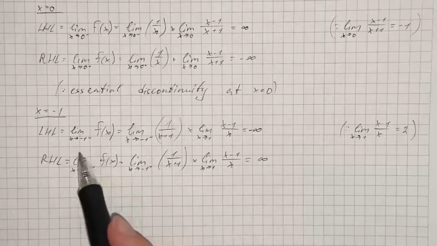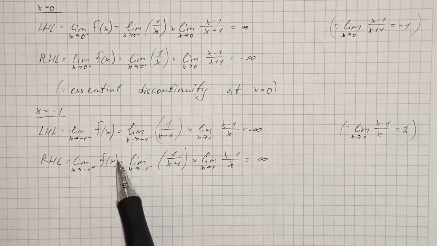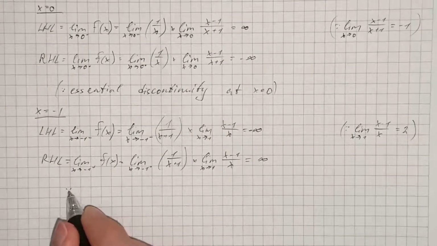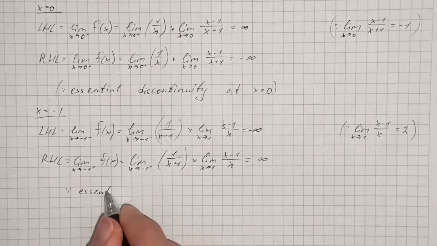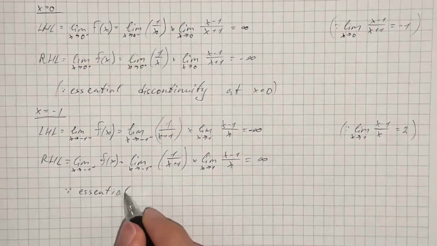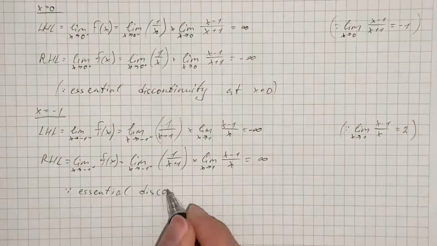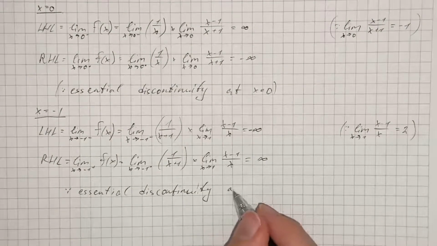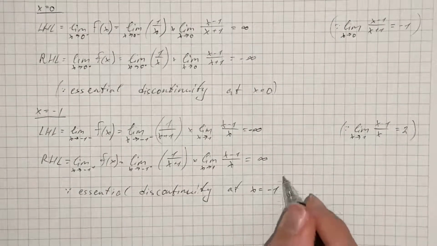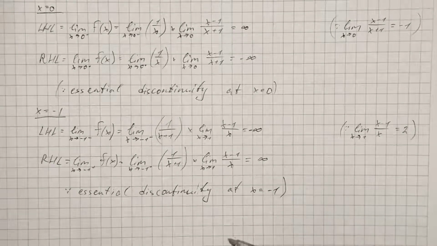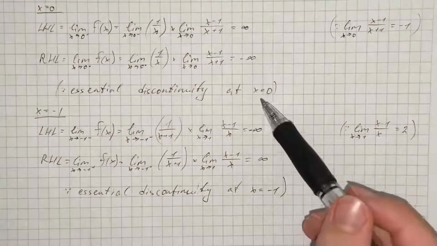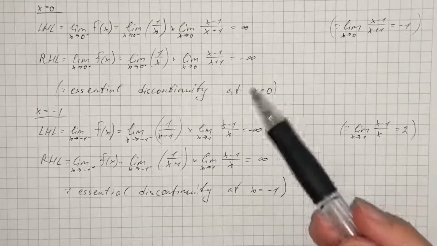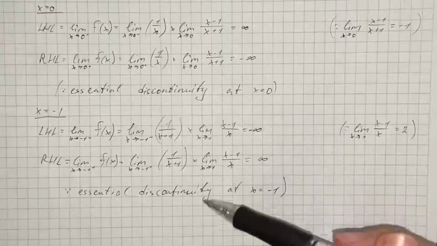So neither limit exists, so our function has a discontinuity of the second kind, that's an essential discontinuity at x equals -1. So the points of discontinuity are x equals 0 and x equals -1, and both are discontinuities of the second kind, essential discontinuities.